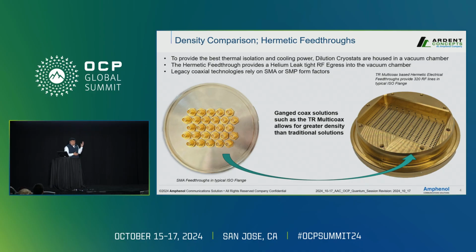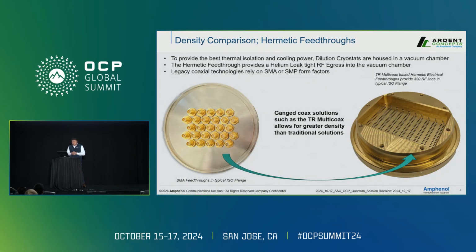In the image on the left, we see a hermetic electrical feedthrough solution based on an O-ring sealed bulkhead SMA connector within a standard ISO 100 flange. However, SMA-based hermetic solutions have limitations and require generous clearances for tools such as torque wrenches necessary for installation, as well as removal of coaxial cables.